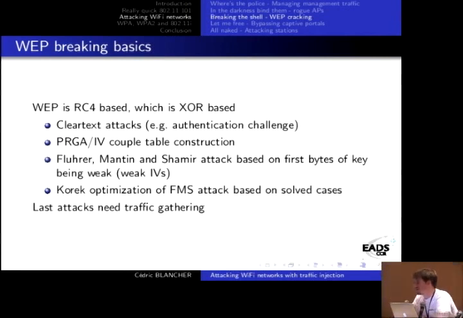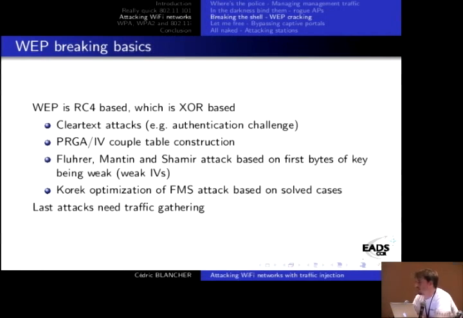So they send a challenge, which is 128 bytes, not bits, bytes, which is quite long and is quite important for the following. So they send the challenge, and then the station encrypts the challenge and sends it back on the wire. So if the AP can decrypt it, then the guy has a good key and is authenticated.